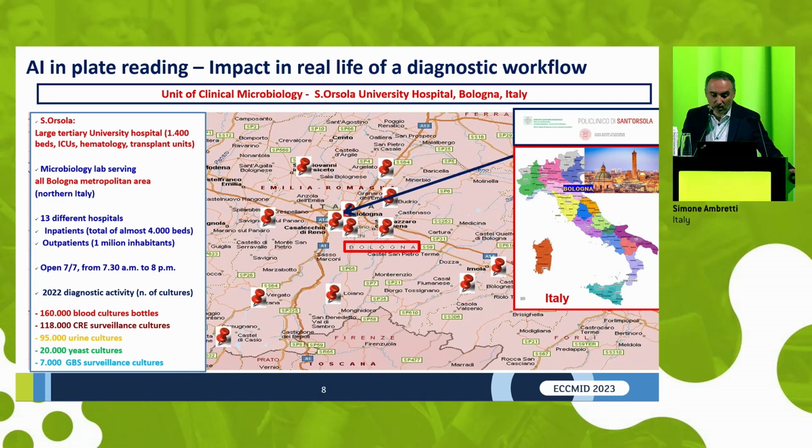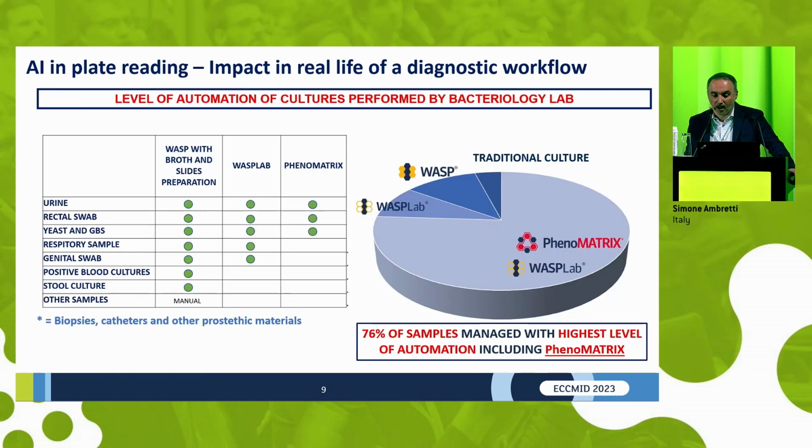Talking about bacteriology diagnostic activity, as you can see, in 2022, we analyzed almost 160,000 blood culture bottles, almost 120,000 CRE surveillance rectal swabs, almost 100,000 urine cultures.